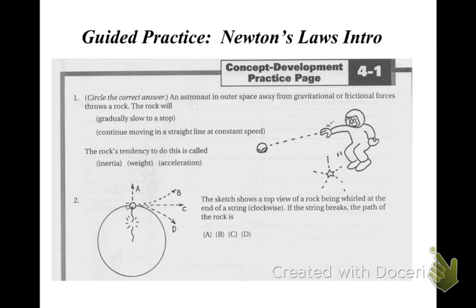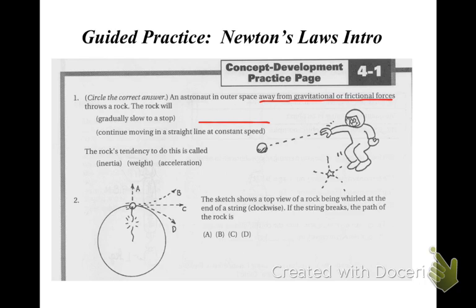An astronaut in outer space away from gravitational or frictional forces throws a rock. The rock will gradually slow to a stop or continue moving in a straight line at constant speed. So it says here that we are away from all other forces. So since we are away from all other forces, our object that is in motion will remain in motion unless acted upon by an unbalanced outside force.